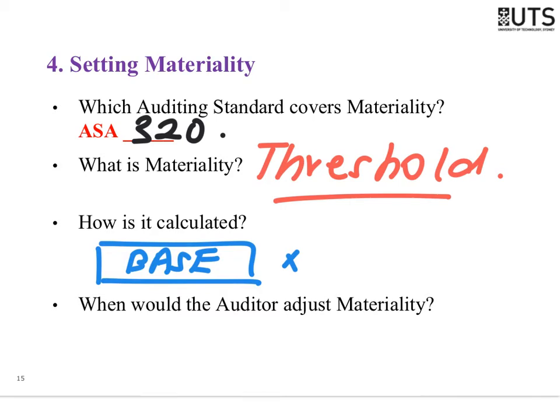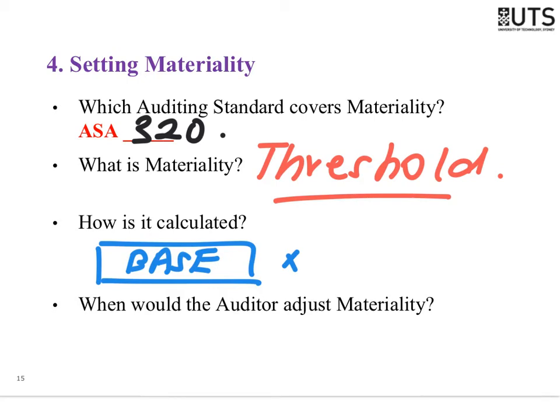But not only do you want it to be relevant, you also want it to be stable, something you can rely on. So if an organization's profit or revenue is fluctuating, you're not going to use those as your base. Instead you use total assets or total equity, because they often stay quite similar over time. So that's your base.